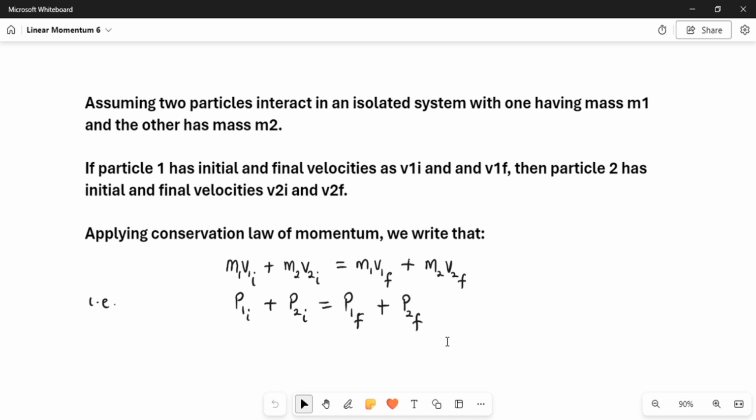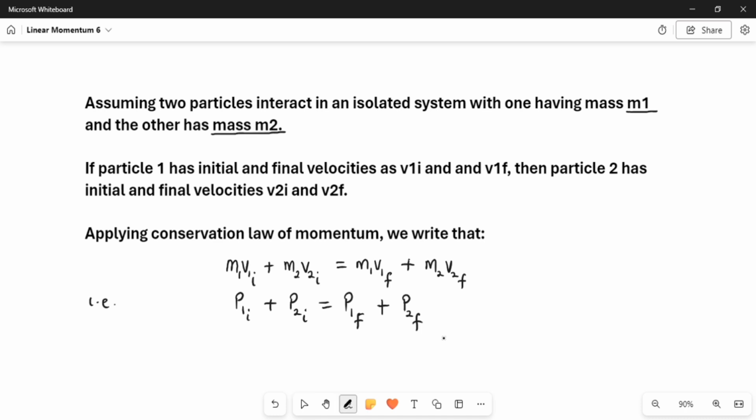Now, let's express the law of conservation of linear momentum mathematically. Assuming we have two particles that are interacting with themselves in an isolated system, let one of the particles have mass m1. Let the other particle have mass m2.